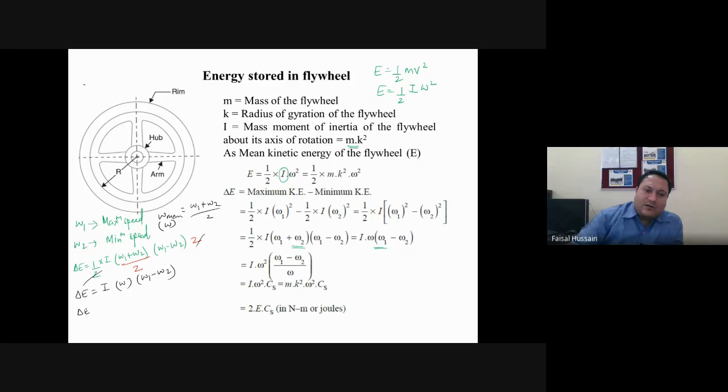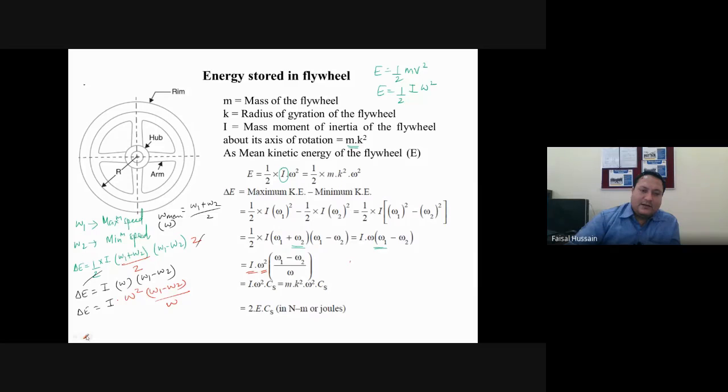Here now what I will do, I will multiply it by omega to the numerator and denominator. If I multiply omega to the numerator and denominator, then I into omega will be omega square, omega 1 minus omega 2, and here there will be omega. So delta E will be I omega square.